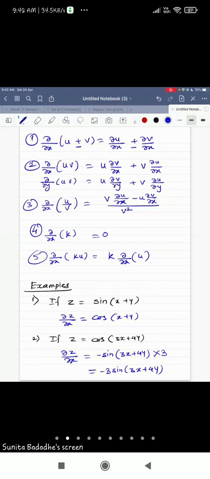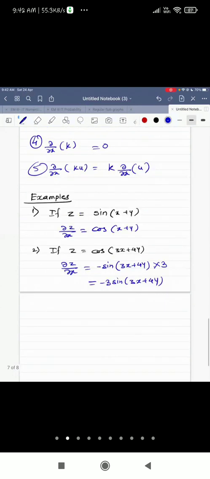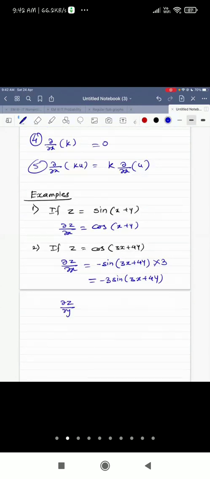Okay, Ojas, what will be the derivative dabba z by dabba y? Minus 4 sine of 3x plus 4y, right? Because your y is multiplied with 4, so we have to multiply it with 4. That's all.